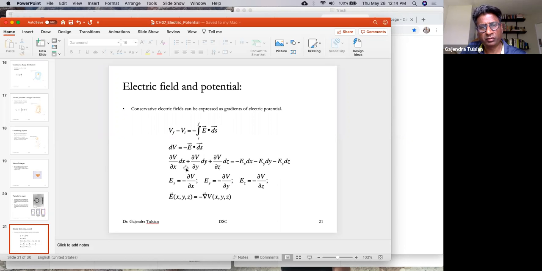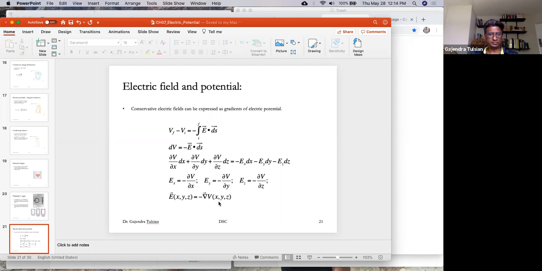And so if you equate coefficients of dx, dy, and dz, what you find is Ex is minus del V by del x, Ey is minus del V by del y, and Ez is minus del V by del z. So the electric field is the negative of the gradient of the electric potential.